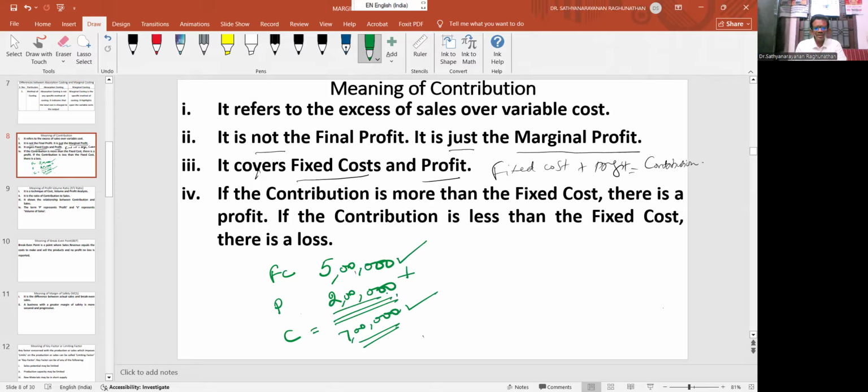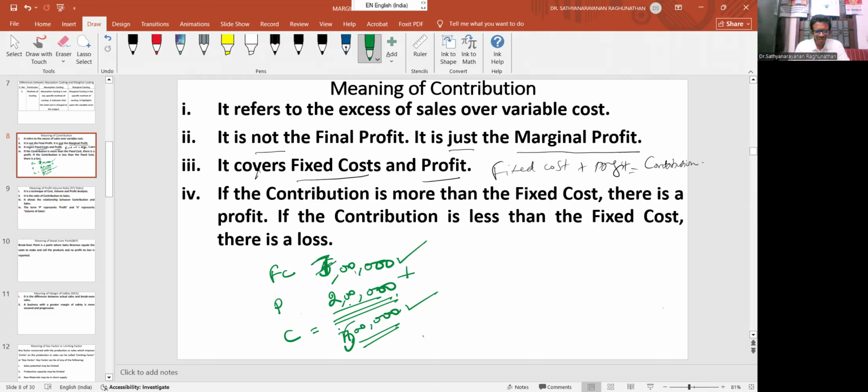Suppose the contribution is lesser than the fixed cost. Assume that the contribution is 5 lakhs and the fixed cost is 7 lakhs.